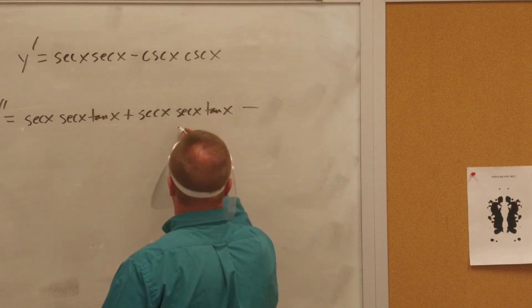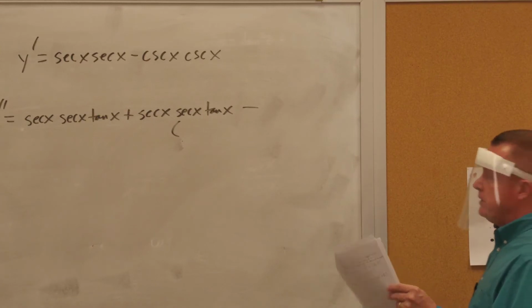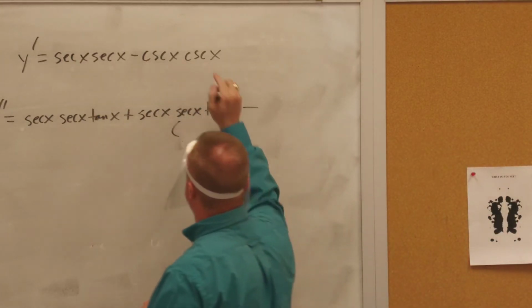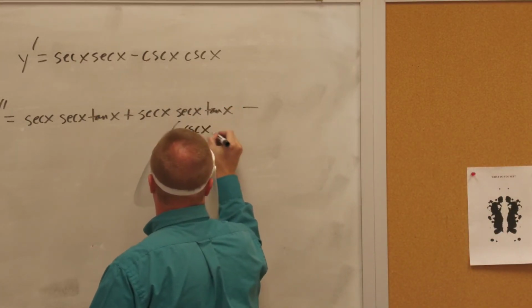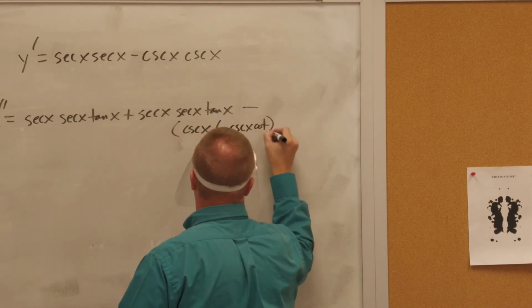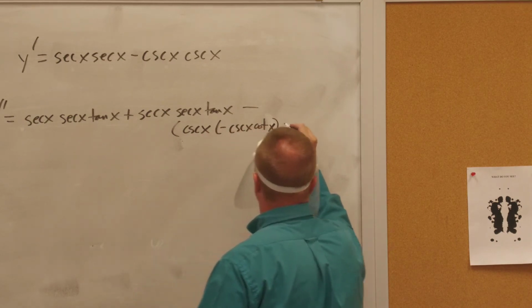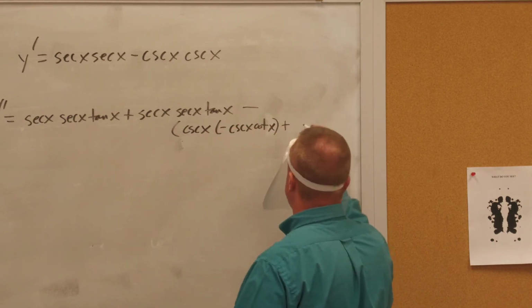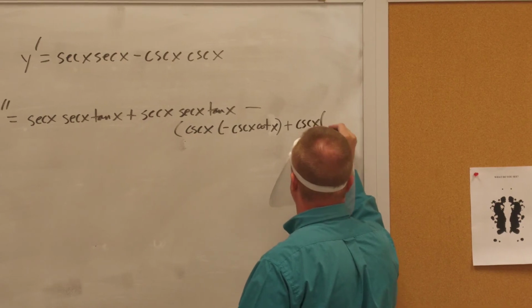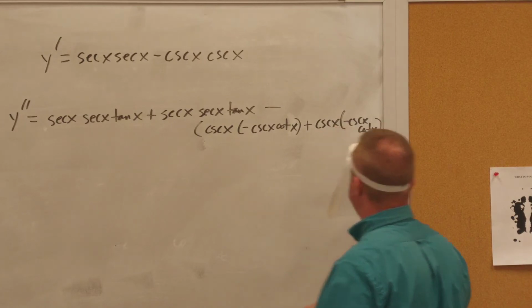Minus, all right, so I'm going to do parentheses here. So this would be the first times derivative of the second. So cosecant x times negative cosecant cotangent x plus, again, same thing, cosecant x times negative cosecant x cotangent x.